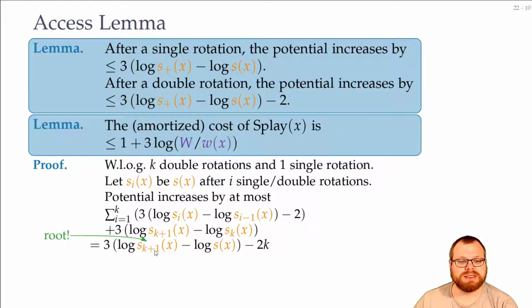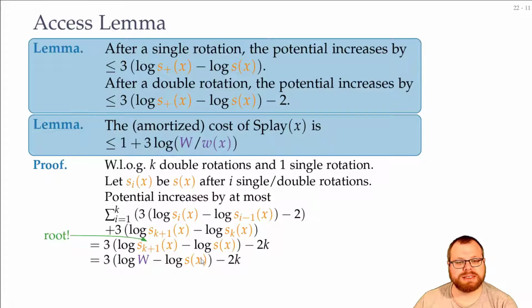And this is the root at the very end. x will be in the root. So we know exactly what this here is. This is our capital W. And in the beginning, what was the sum of weights of x? Well, if we want to figure out how large this is at most, then we need some lower bound on this.